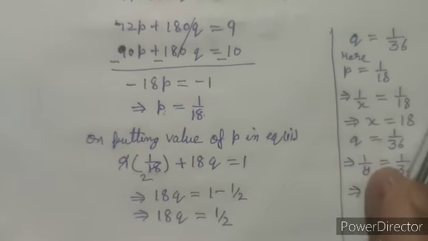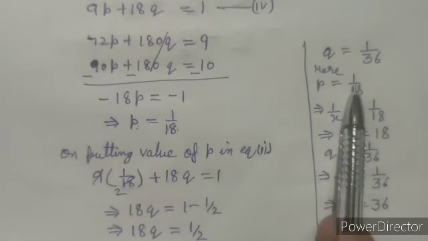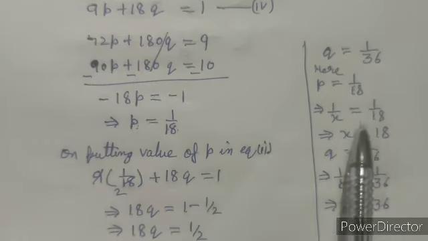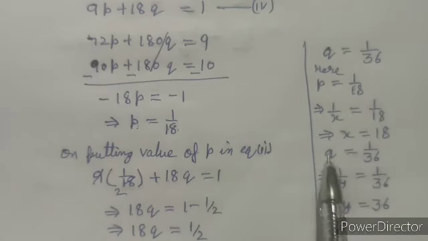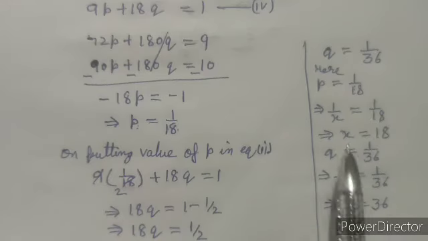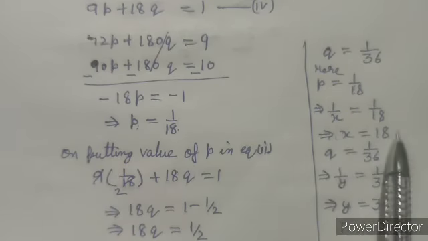Now as we have taken p as 1 upon x, so 1 upon x will be 1 by 18, and that will give us x equal to 18, and q was 1 by 36, and we have taken q as 1 upon y, and that is giving y as 36. Therefore the time taken by one woman alone to finish the work is 18 days, and the time taken by one man alone to finish the work is 36 days.